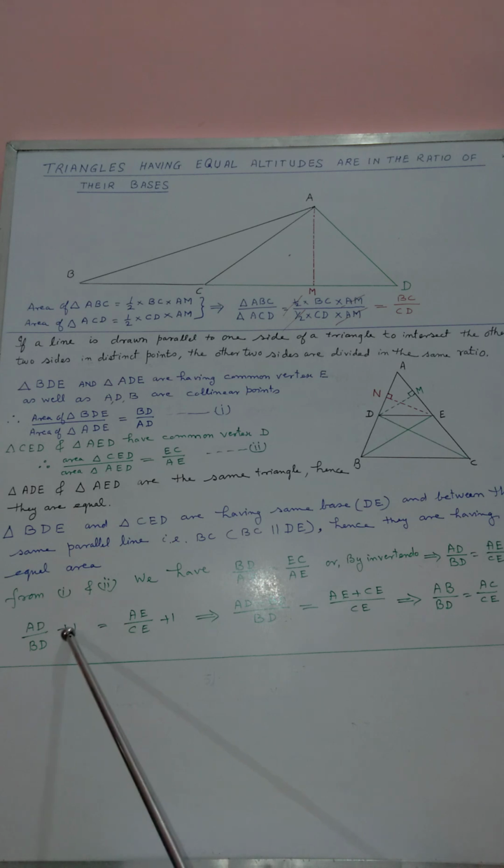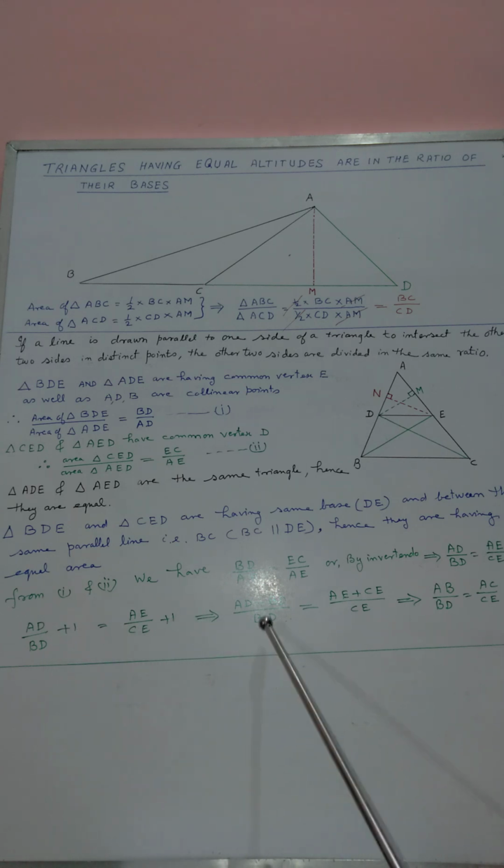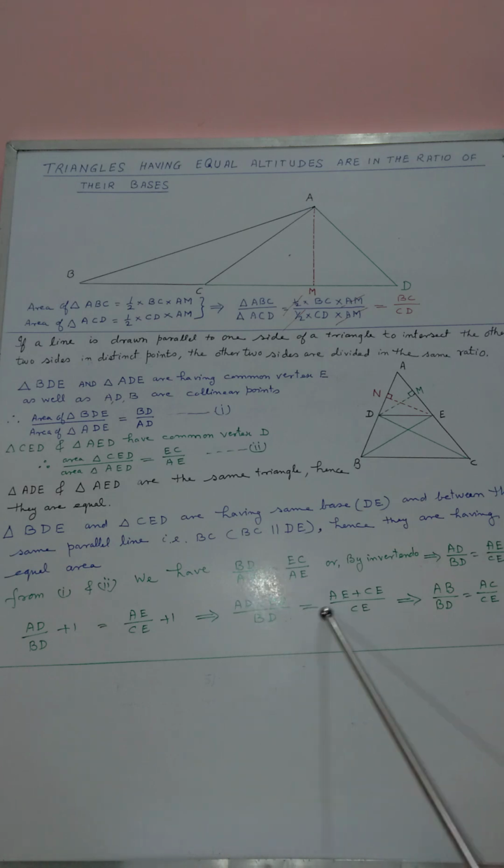While you are adding this 1 and 1 to both the sides, that is known as componendo. So AD plus BD upon BD will be equal to AE plus CE upon CE. That will be equal to AB upon BD and will be equal to AC upon CE. So any situation can arise at that time. Sometimes the total length will be given and one side, that is one part, will be given. At that time by subtracting you can get it.